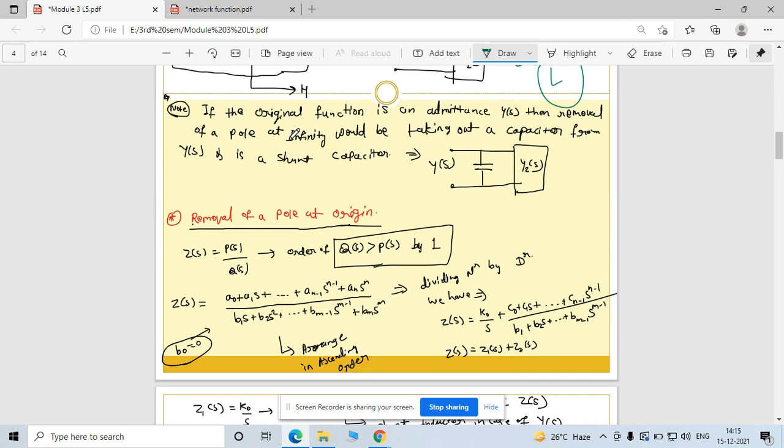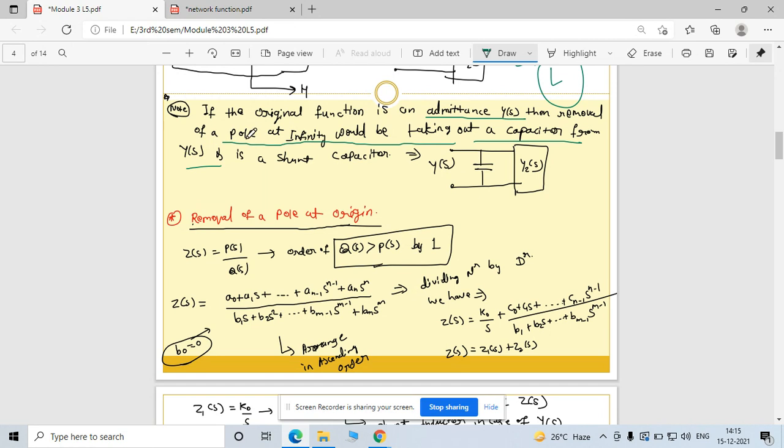Now the same for an admittance function. If the original function is an admittance Y of s, then the removal of the pole at infinity would take out a capacitor from Y of s.